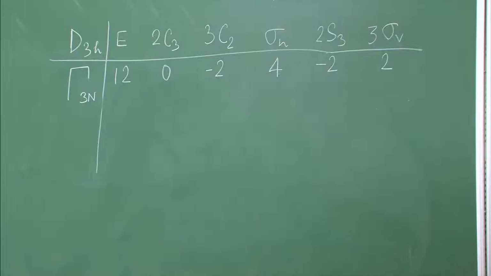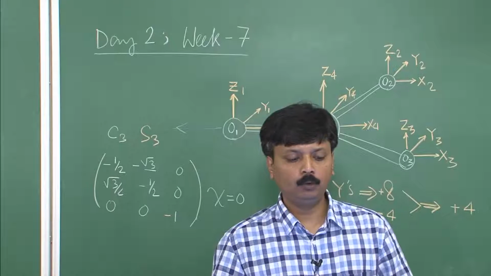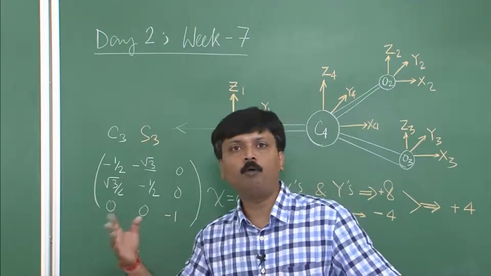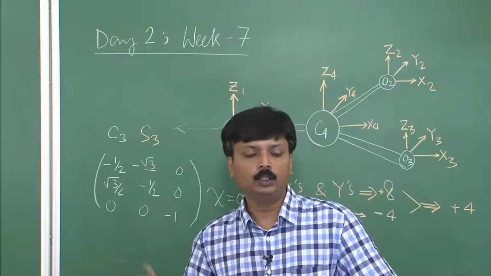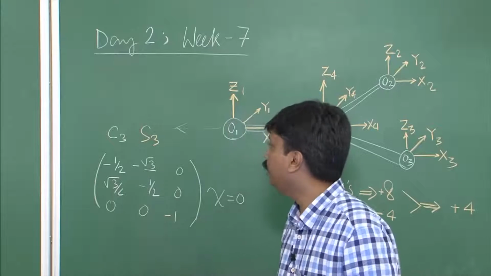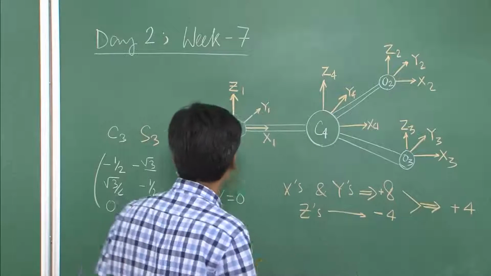Alright. So what is my next job? My next job is to reduce this, correct. So in order to reduce that, what we have to do? We have to use the formula that we have already deduced earlier. So if you reduce that, what you are going to get?